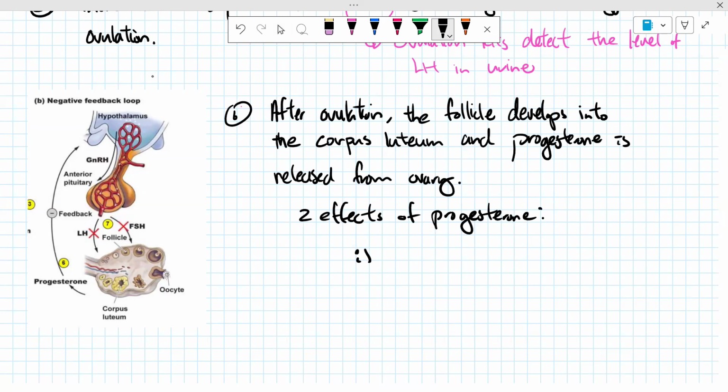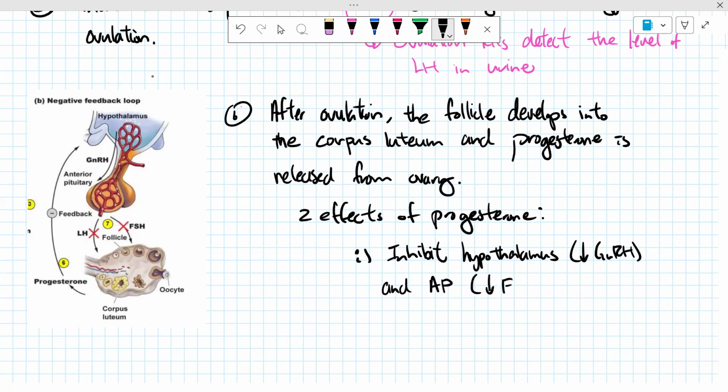Number 1, you can see there's a negative feedback this time. It will inhibit the hypothalamus, which will decrease GnRH, and the AP, which will decrease FSH and LH through negative feedback.